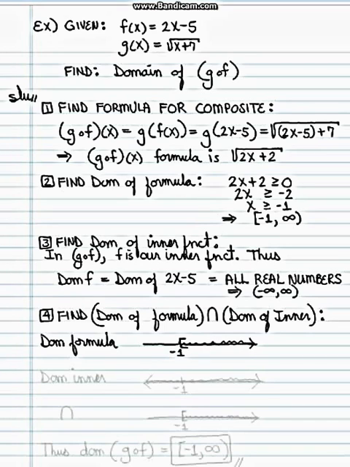And then we have the domain of the inner function, which is what we found when we did step 3. So we're stacking number lines. Put the -1 right there. The domain of the inner function from step 3 was all real numbers, so we shade the entire number line.